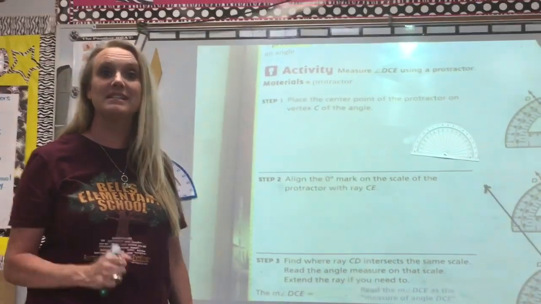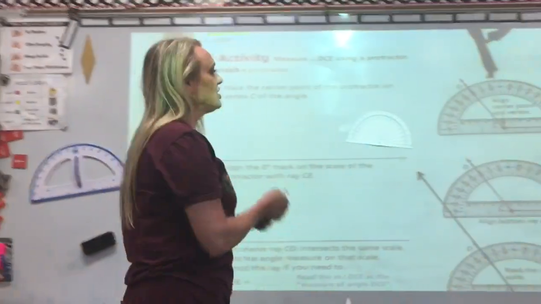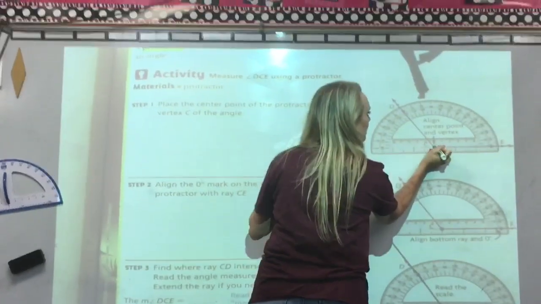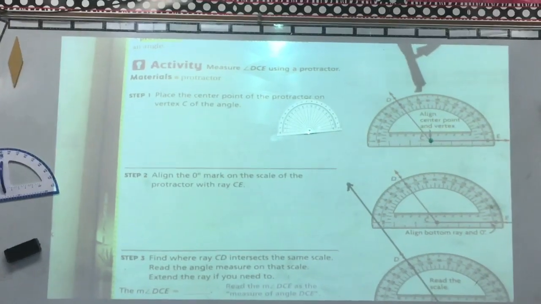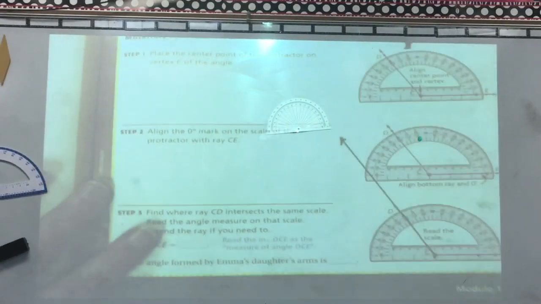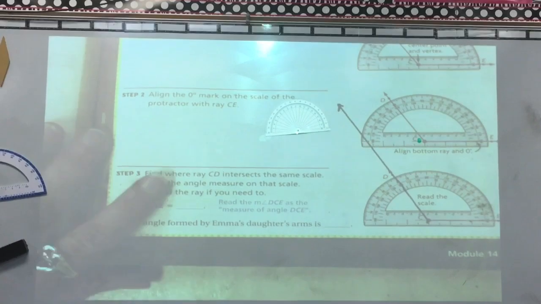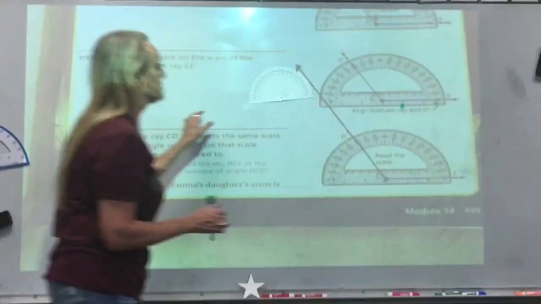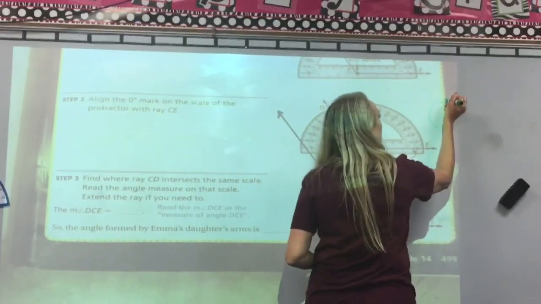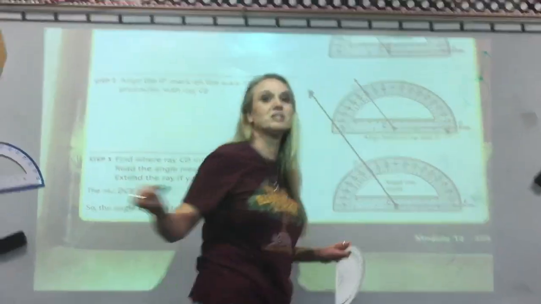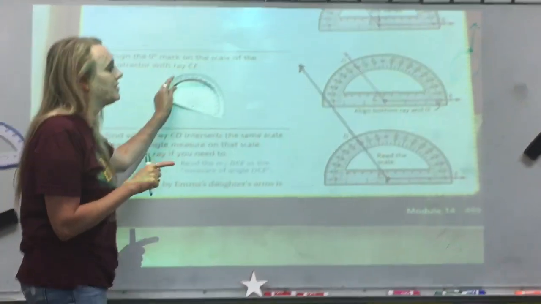A vertex is the point, so it's the single point in the center. It says align the 0 degrees mark on the scale of the protractor with ray CE. We also learned what a ray was. Remember, it reminds you of a ray of sunshine. It has one stopping point and one side that goes on forever.